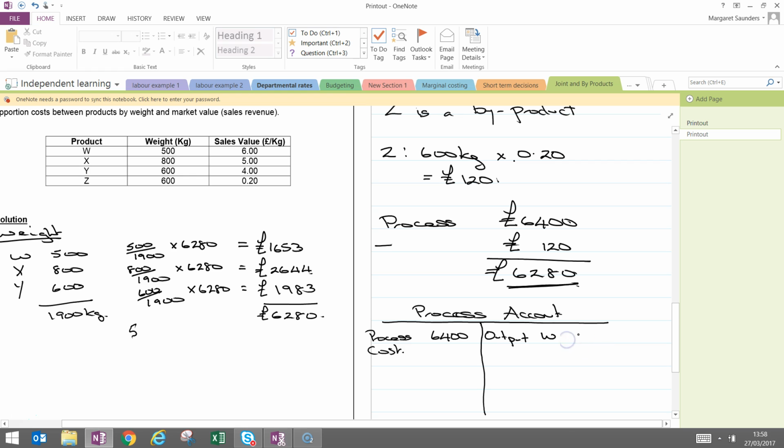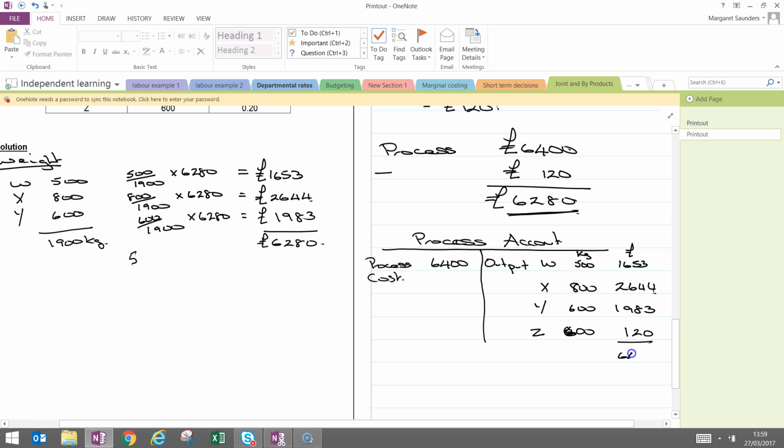We've got W, 500 kilos, value of 1653, X, 800 kilos, value 2644, Y, 600 kilos, value 1983, and Z, 600 kilos, value 120. And the process account balances off.